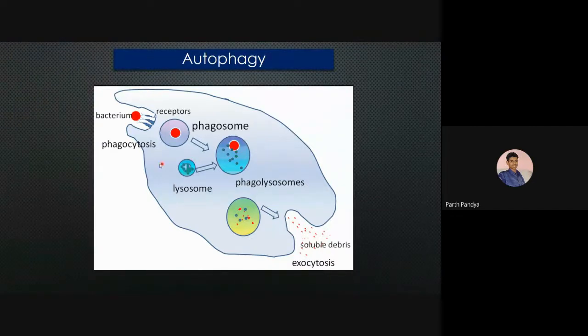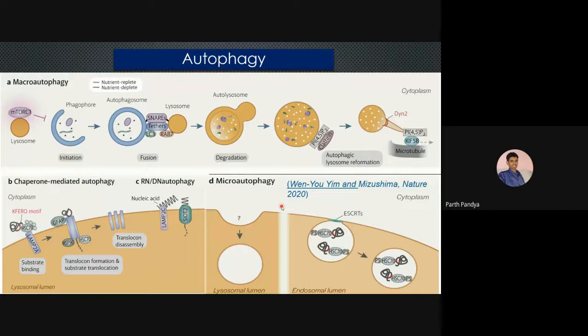The lysosome of that cell goes and forms a phagolysosome with the bacteria. This phagolysosome will release its acidic enzymes, proteases and so on. That will clear off the bacteria and the debris will be exocytosed. On the basis of that, we call that particular procedure an autophagy procedure. That is the function of a lysosome.